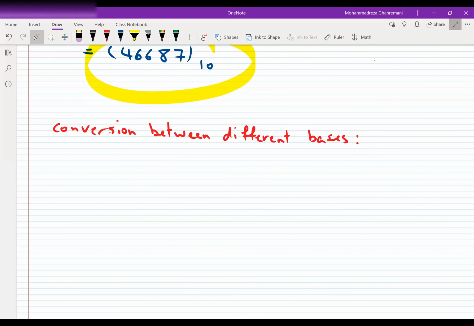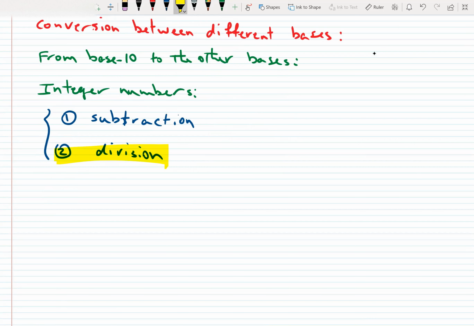In this lecture, we will talk about the second method, which is division method. So, how we can convert integer numbers from base 10 to other bases. We see it with some examples.